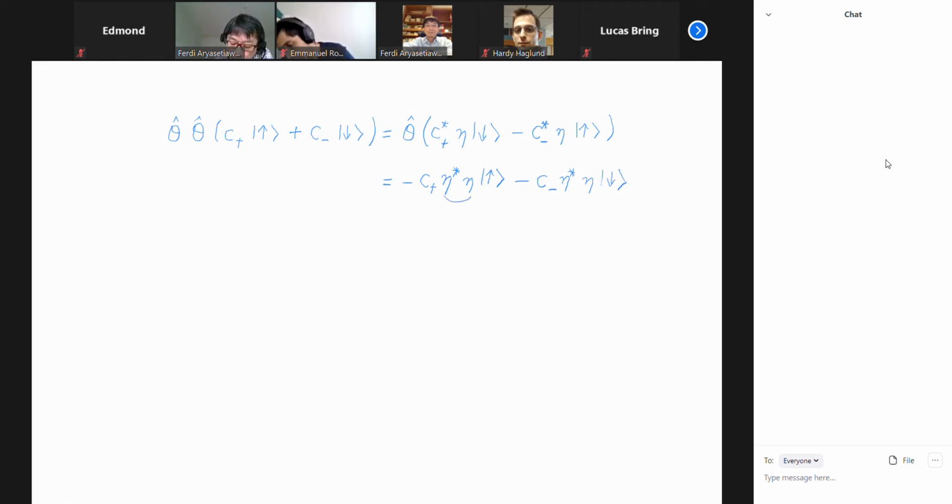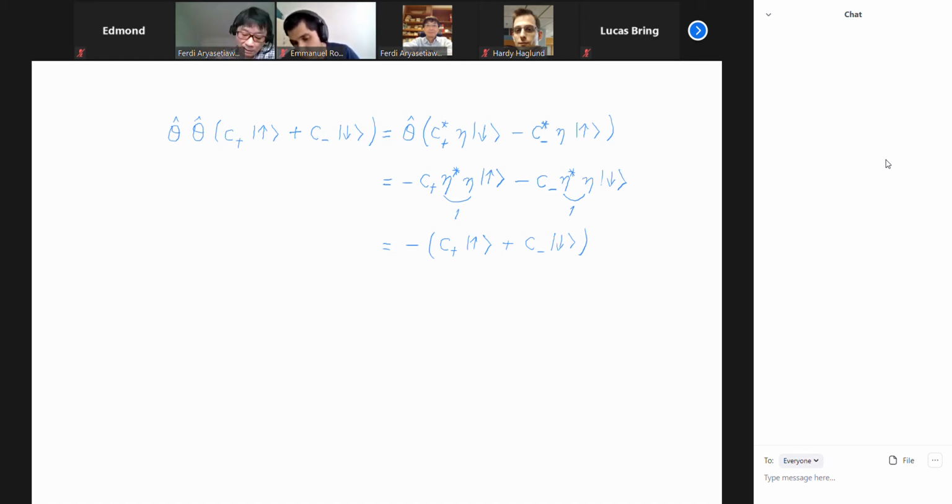But these are just one, so this becomes minus the original state. This is an arbitrary spin state, so if we apply the time reversal operator twice on an arbitrary spin state, we get the negative of that spin state.